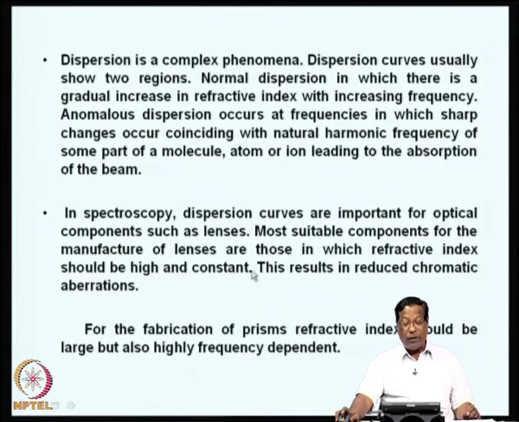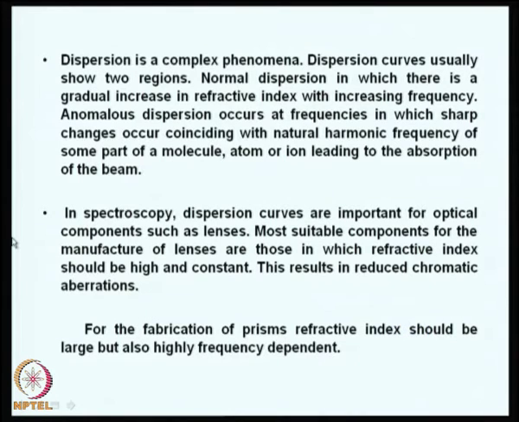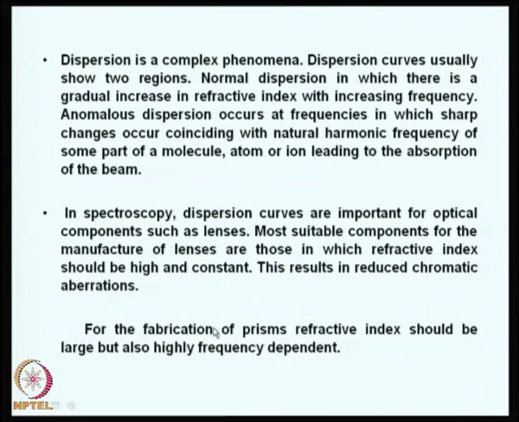If it does not show these things, this results in reduced chromatic aberrations. For the fabrication of prisms, for example, you have to pass the radiation through a prism, and it should not show any other aberrations except changes in frequency or wavelength. So, for the fabrication of prisms, the refractive index should be as large as possible, but also highly frequency dependent.